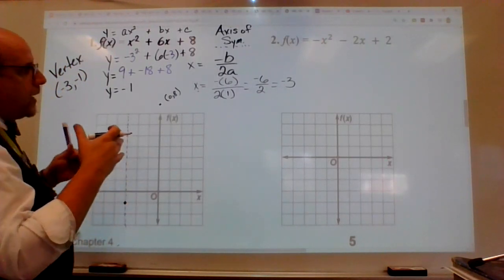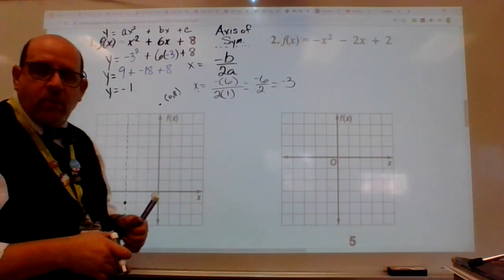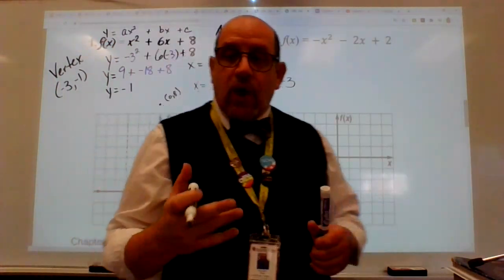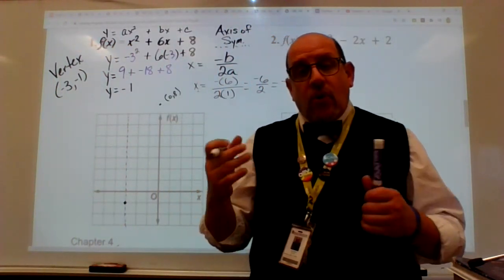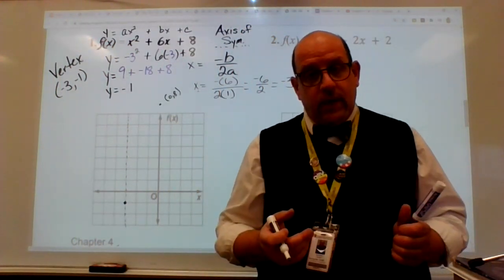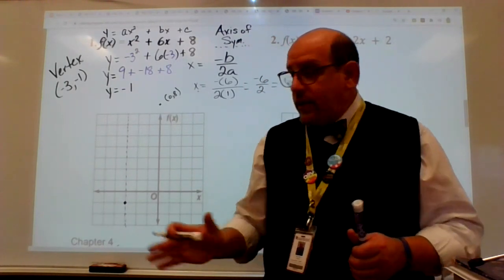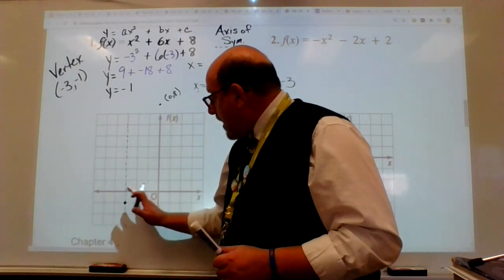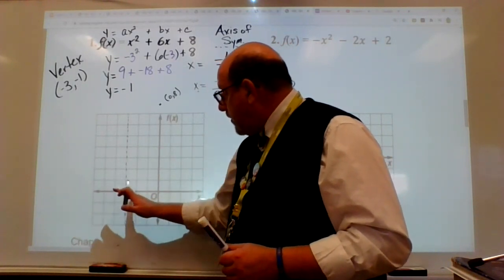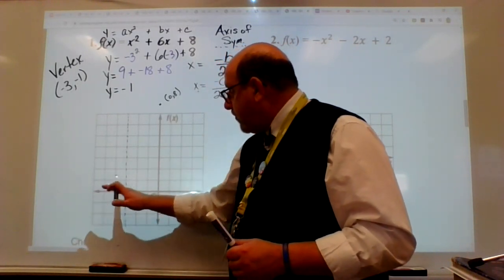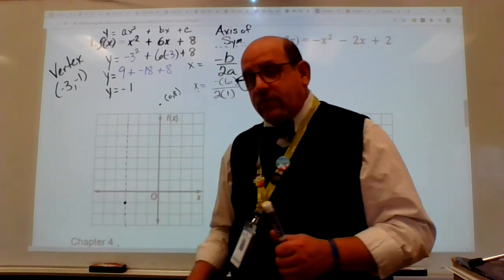And I have to have a couple more points to be able to graph my parabola, so I'm going to create a table. And I'm going to use that table and plug in values that are somewhere near this axis of symmetry. I just said that my parabola is reflected across this axis of symmetry.